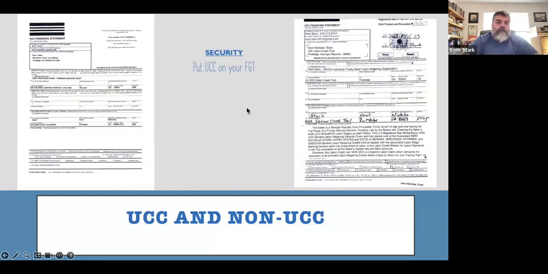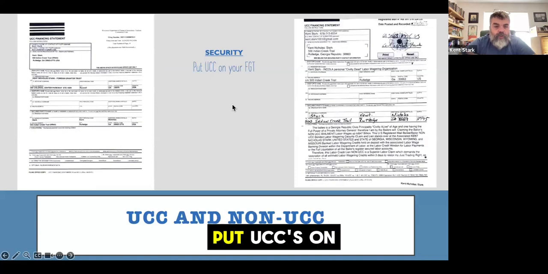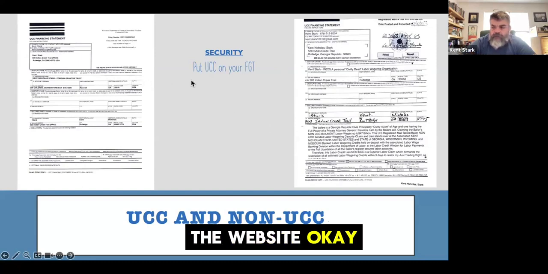Okay. Then this is another step that I went to, okay, is that I put UCCs on my foreign grantor trust. So this is a non-UCC filing, and this is a UCC filing. Now I'm from Wisconsin, so all my stuff is done in Wisconsin. It doesn't matter what state you do this in, okay, but how to do these is on the website, okay?